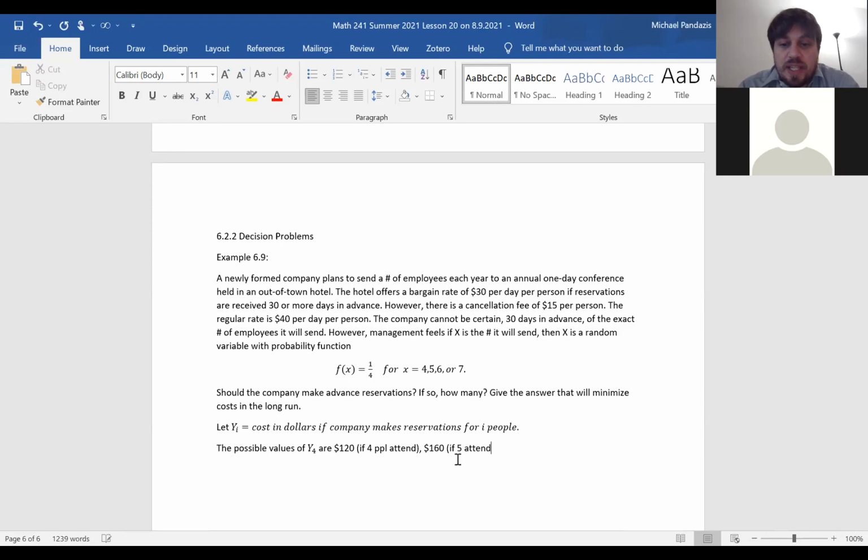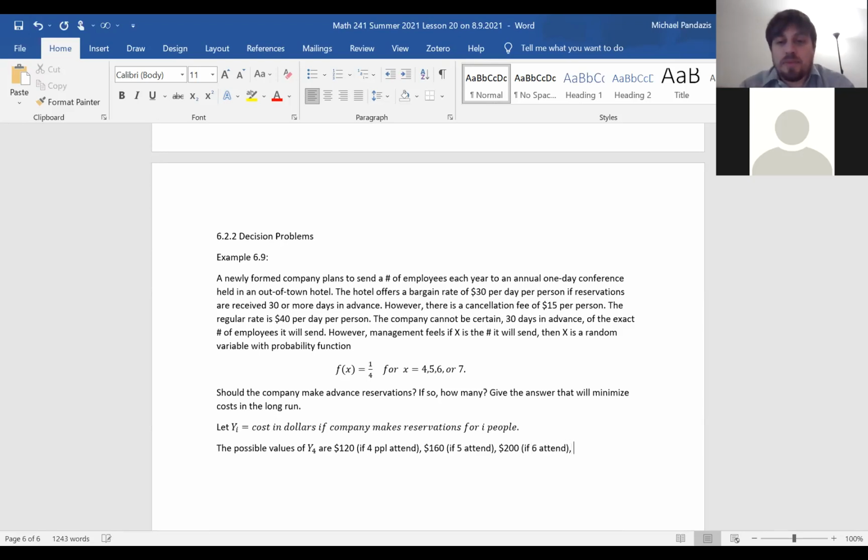This is if they make 4 reservations in advance. This is a possible value of y sub 4. If 6 people attend, 4 people got the bargain rate of $30 per person. So that's 4 times 30, which is still 120. There are now 2 people who have to pay the regular rate, 40 each. That's 80 in addition to the 120. So that's $200 they have to pay if 6 people attend.